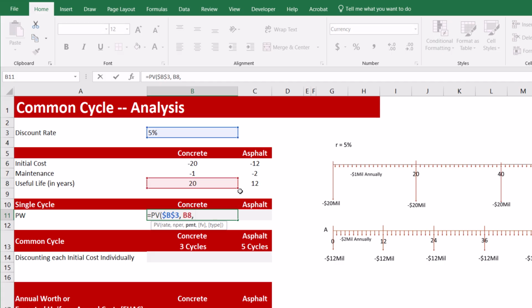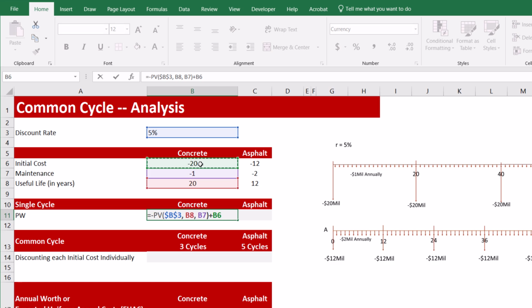We need to say what the payments are. The annual payments here are going to be $1 million, and we don't have any future value, so we're going to close that. But notice that this is going to be positive, so we need to make this negative, and then to it we're going to add the $20 million.